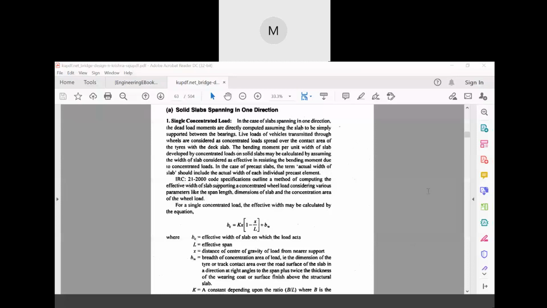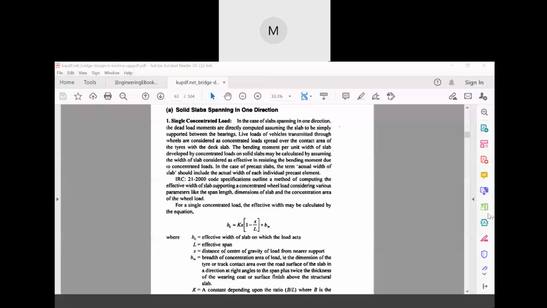So why don't you tell me what is one-way slab and what is two-way slab? What is slab spanning in one direction and what is slab spanning in two directions? Just tell me about it.